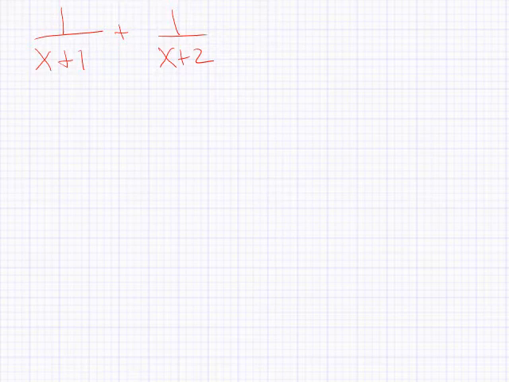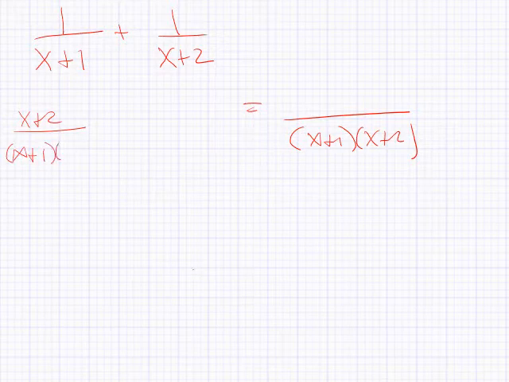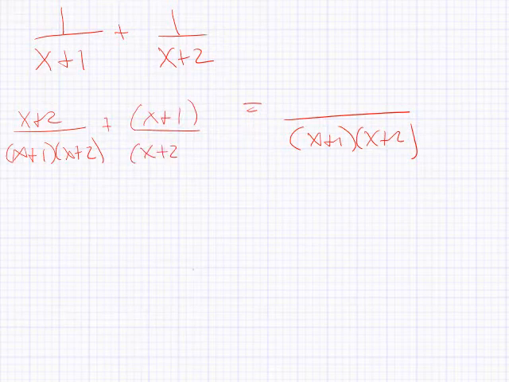You'd find the common denominator, which would be x plus 1 times x plus 2. So we multiply the first one by x plus 2 over x plus 2. You would multiply the second one by x plus 1 over x plus 1.